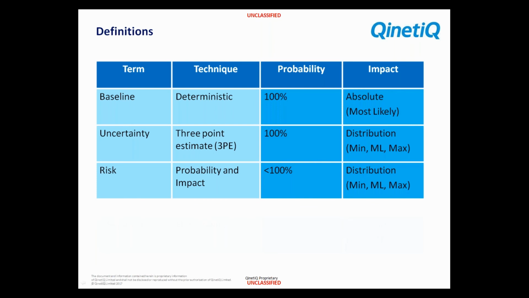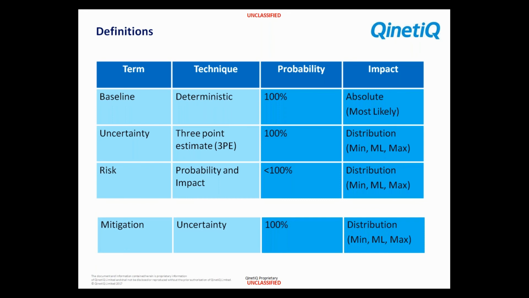Okay. The final one I want to just consider at this point is also mitigation. And this is an interesting area when we're thinking about risk and uncertainty. There are opportunities to mitigate the risks. Now, if we decide to mitigate those risks, what we're trying to do is either reduce the probability or reduce the impact, or both.